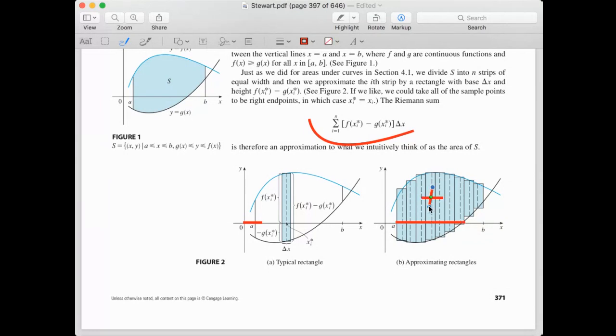So on top, positive value, and below, negative value. Then we find the sum of the bottom. We have the area above the x-axis and the area below the x-axis, and we subtract them.